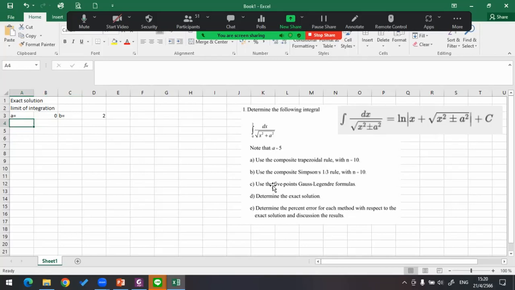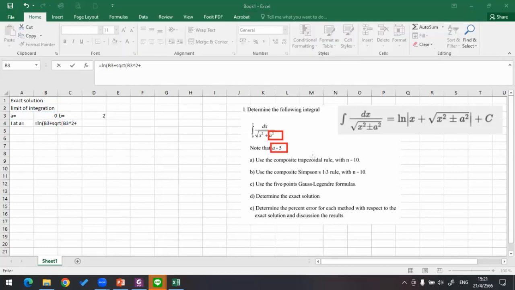Then for f(a), the result at a is equal to natural log of x, where x is now equal to a, plus the square root of x squared plus a squared, where a is equal to 5 for this case, so it is equal to 25.